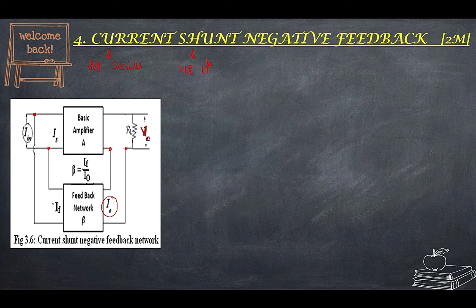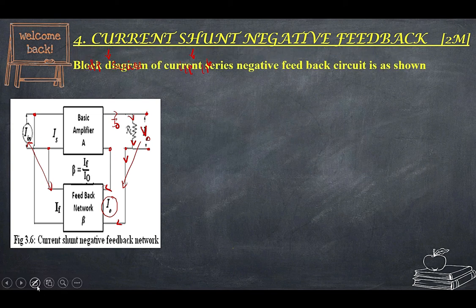Since it is parallel connection, these two should be current. Since this is series, if I measure across this, I will get VO, but whatever the current is flowing, if this is the IO current flowing, same current will come here. That is IO I am giving here. You can notice here, this is a current to current feedback network or series to shunt feedback network.